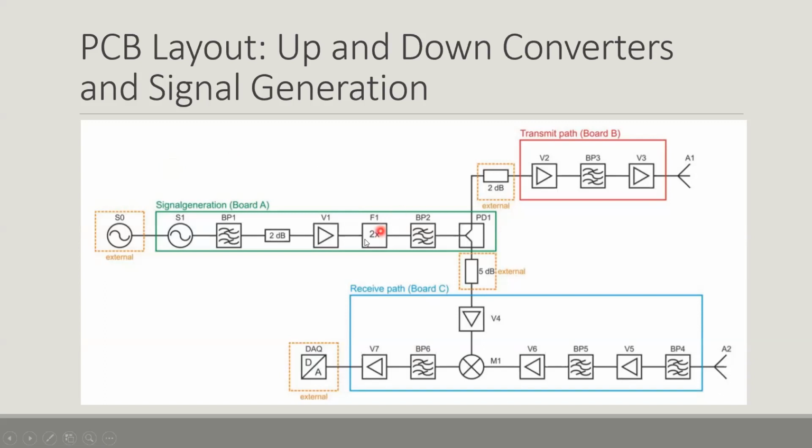This includes frequency doublers, attenuators, amplifiers. There's a low noise amplifier that's used on the receive path, and some bandpass filters. And this is all for the up conversion in the transmit path and the down conversion in our receive path.